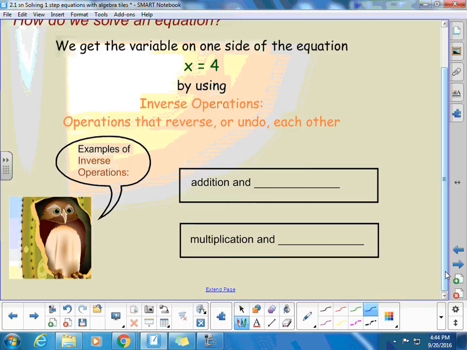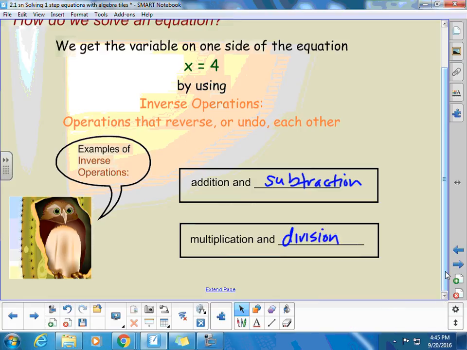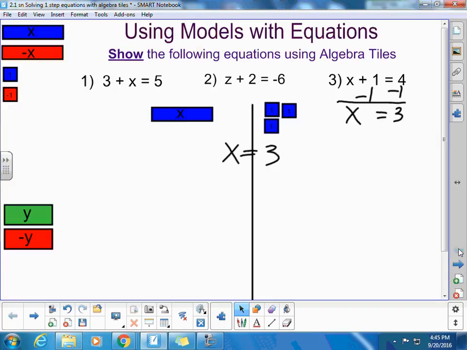We have addition and the opposite of addition is subtraction. And then multiplication and division. Those are the inverse operations. So back here, we undid addition, plus, with subtraction.